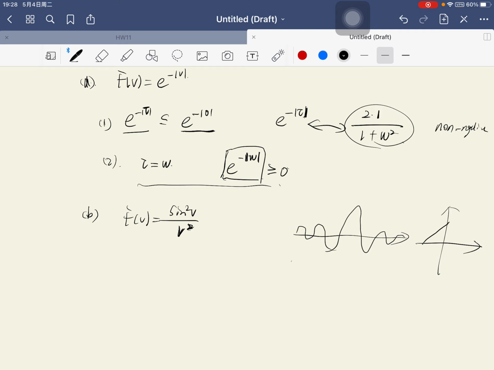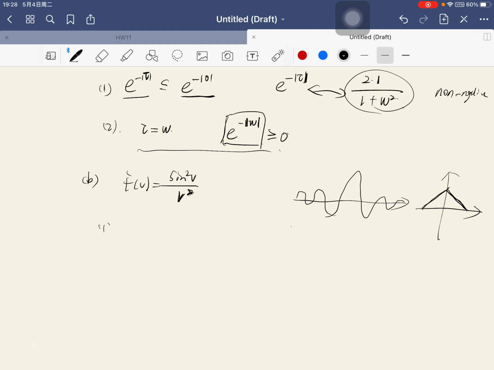Its Fourier transform is a triangle wave. At first we want to prove that it could represent an autocorrelation function of the WSS stochastic process.